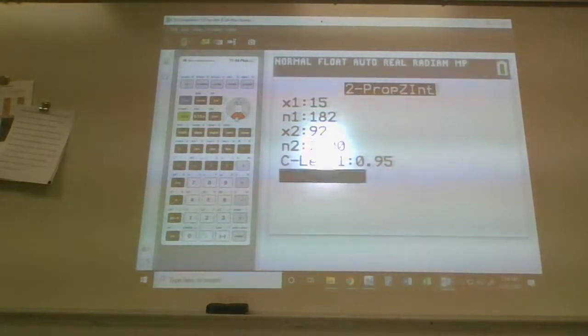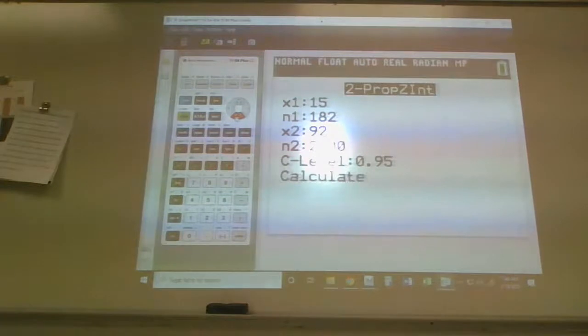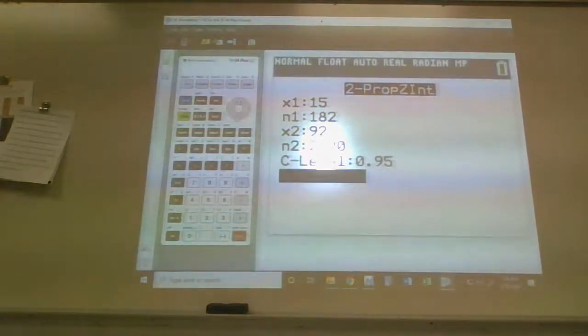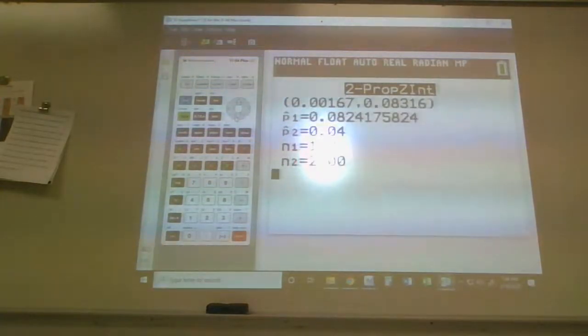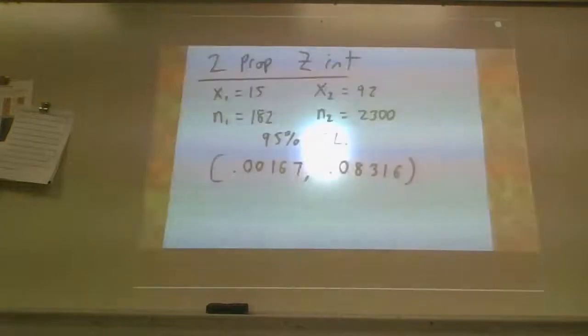The order in which you put those numbers in makes a huge difference. But this is what we get. I'm going to write down 0.00167, comma, 0.08316, parentheses. Here's the interval.